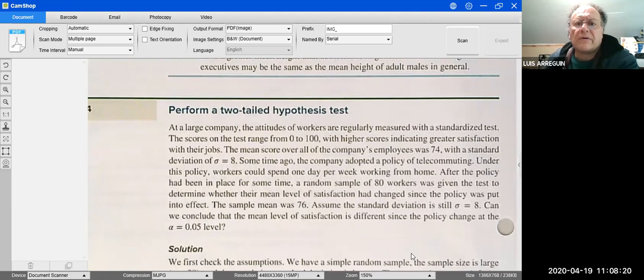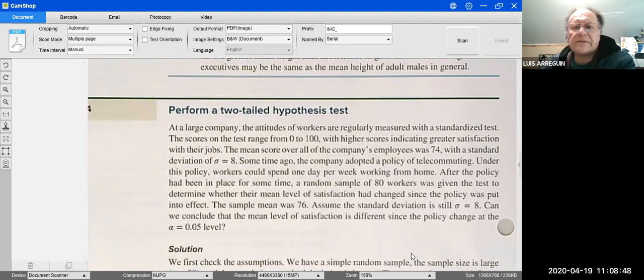The mean score overall of the company's employees was 74, with a standard deviation of sigma equals 8. Some time ago, the company adopted a policy of telecommuting. Under this policy, workers could spend 1 day per week working from home. After the policy had been in place for some time, a random sample of 80 workers was given the test to determine whether their mean level of satisfaction had changed since the policy was put into effect.